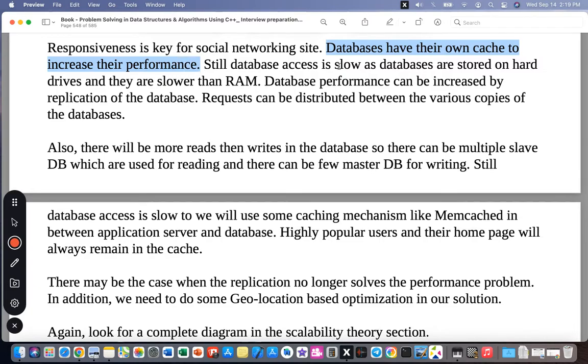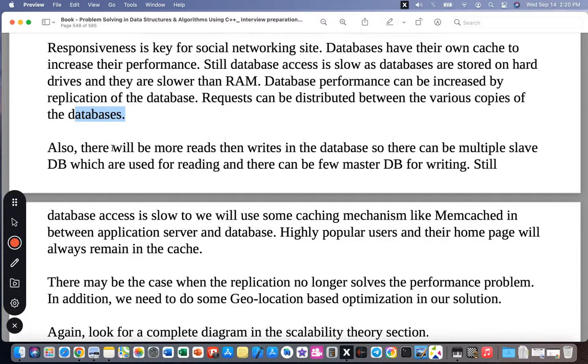Still, database access is slow as databases are stored on hard drives, and they are slower than memory. Database performance can be increased by replication of the database. Requests can be distributed between various copies of the databases. So if you have more than one copy, it will be quicker.